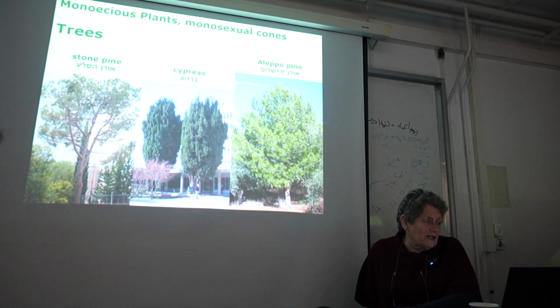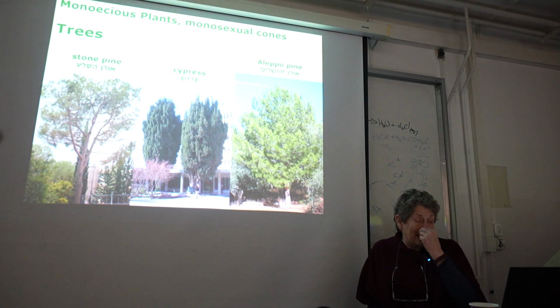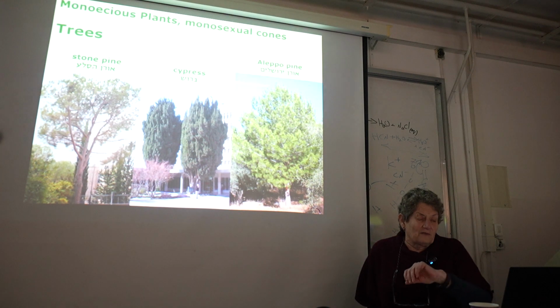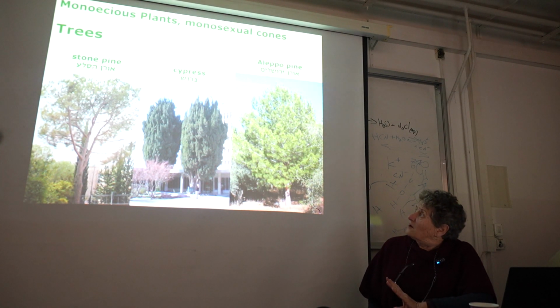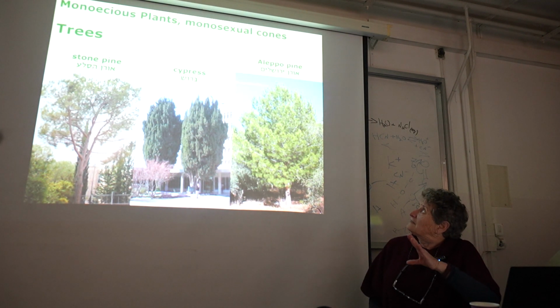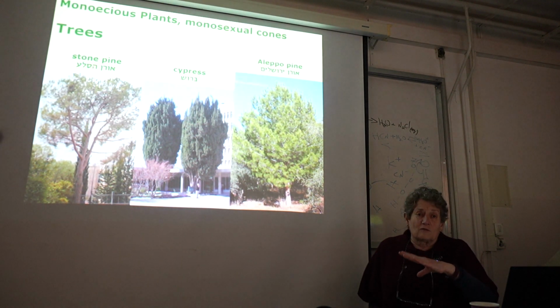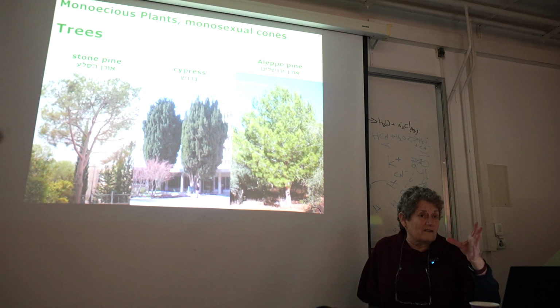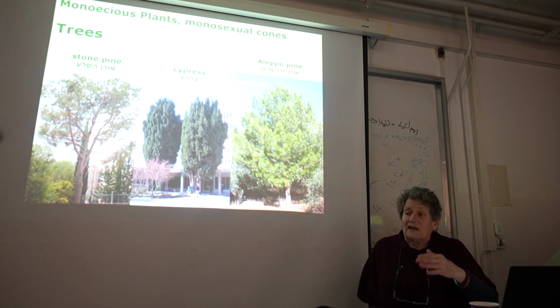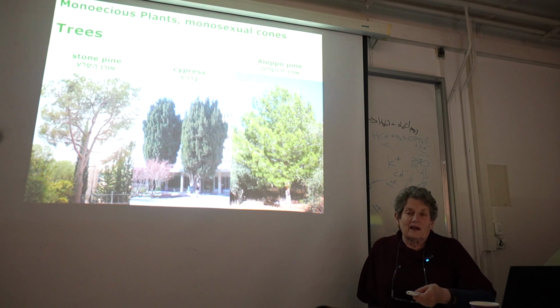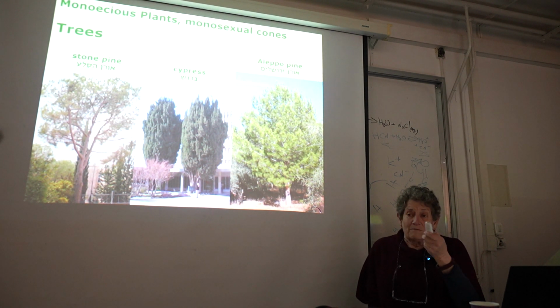Okay, so let's go back to the plants as we were talking about them. Here we can see examples of monoecious plants with monosexual cones. That means that each tree here is both male and female, and in this case we're talking about conifers, pine trees and cypress and so on.